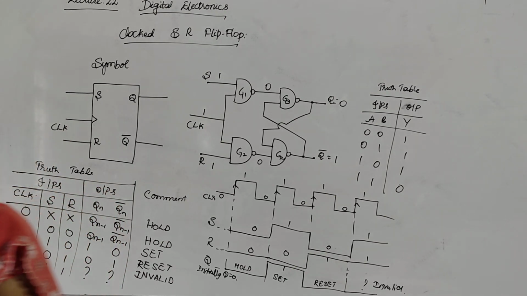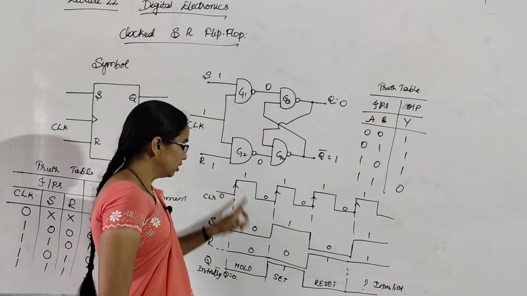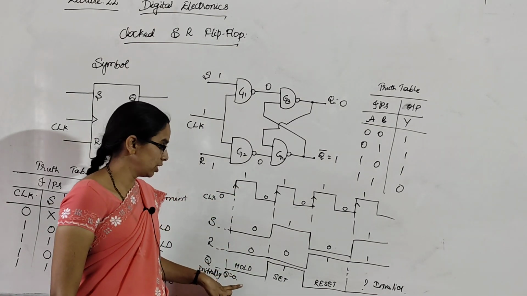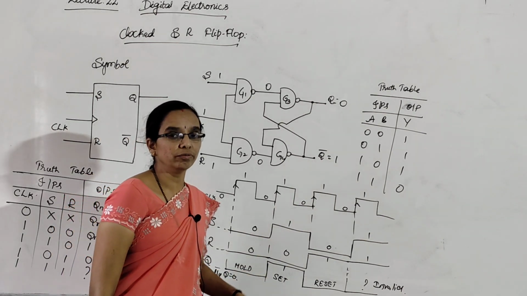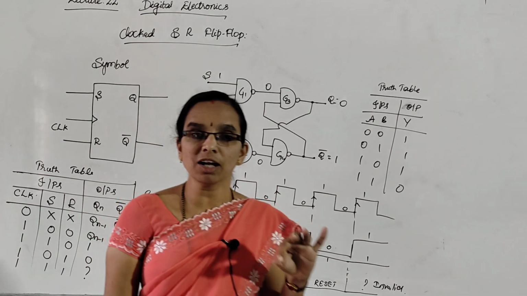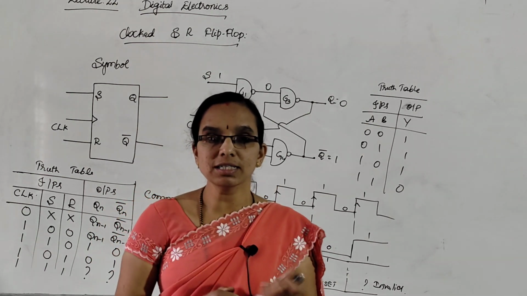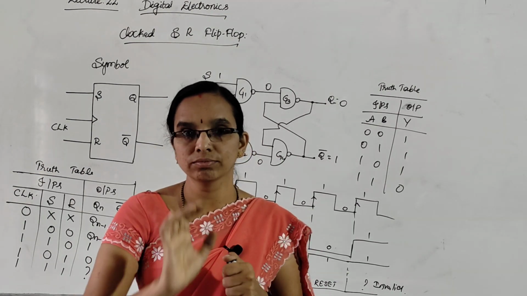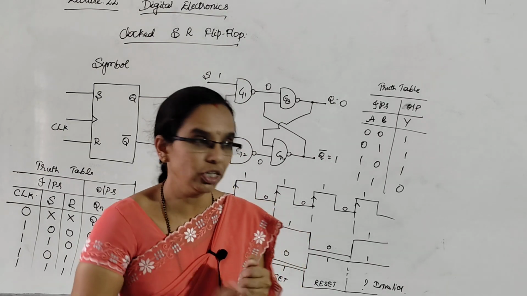Okay, this is the timing diagram for the clocked SR flip flop, where you should note that whenever the clock signal goes high, the outputs will respond to the inputs. Otherwise, if the clock pulse is at 0 and you change the input, the output will not change.